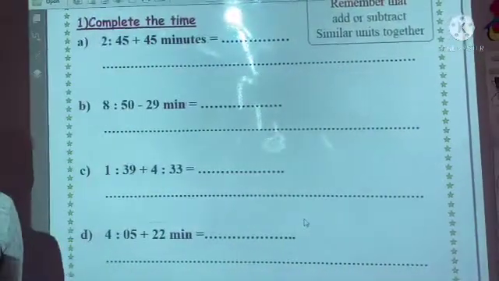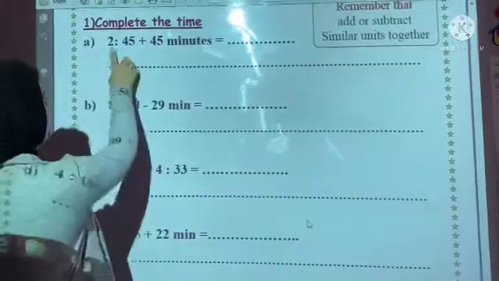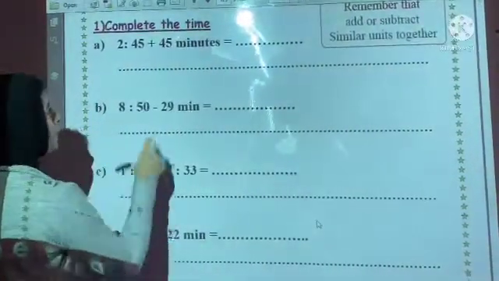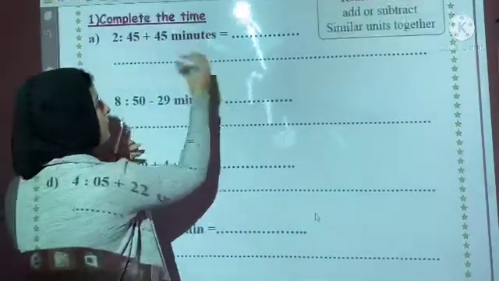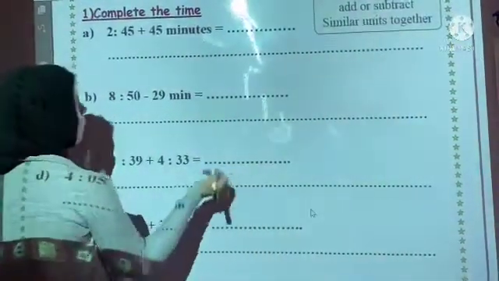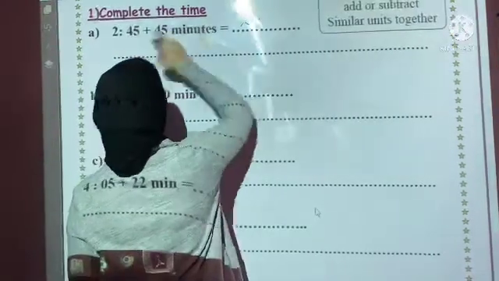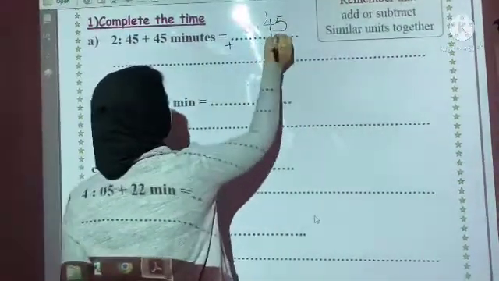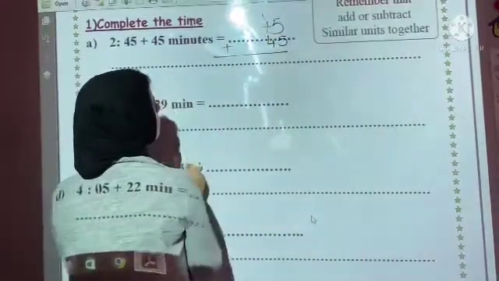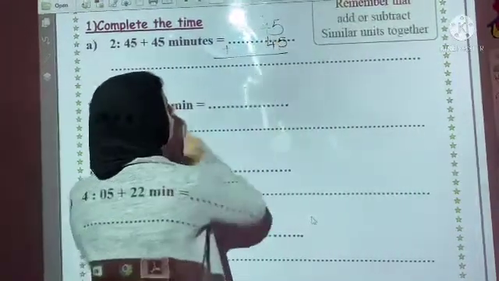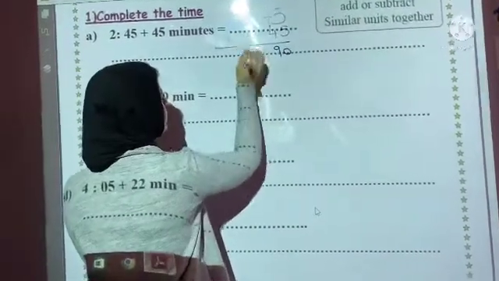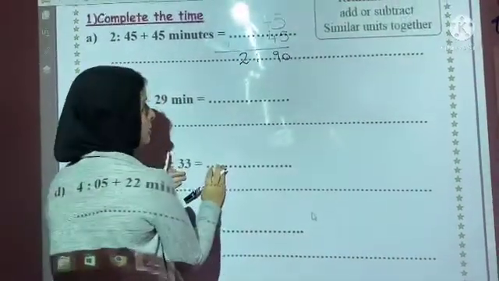So in the first one here, I have 2 and 45 plus 45 minutes. So let's make it by plus. When I make plus, I add minutes with minutes and hours with hours. Okay, I have 2 and 45 plus 45. So 45 and 45, that means you have 90, and 2 plus nothing here, so it will be brought down the same.